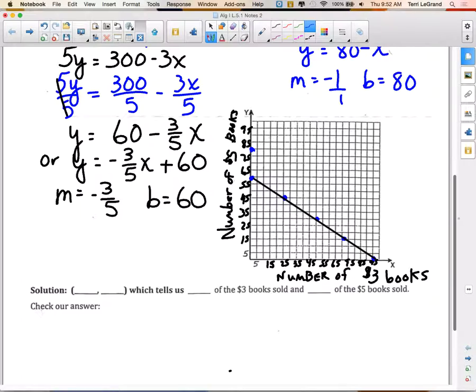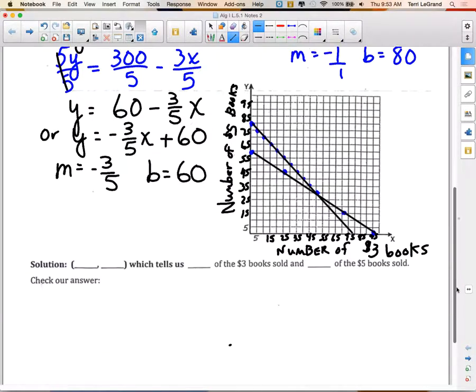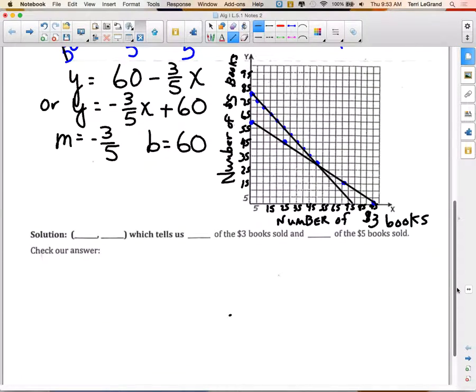Just keep making points until you can see where they meet, especially on these. If you don't take the time to do that, you're going to have a harder time telling where these guys are going to meet. So just keep doing it until you can see the actual point that they share in common. Make lots of points.